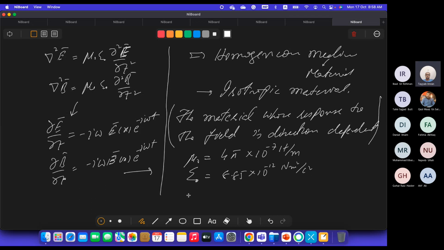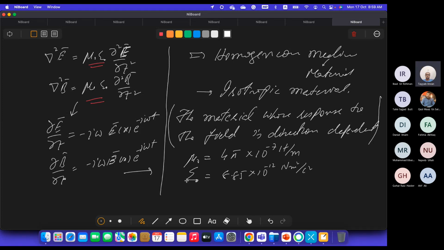And after that, if you remember, in this wave equation we have this value. I'm trying to find out this thing.